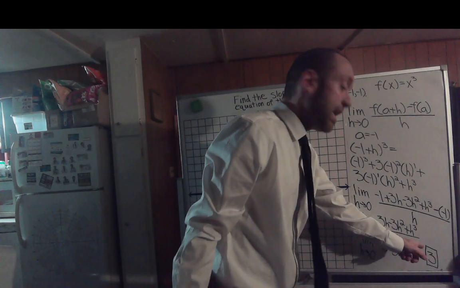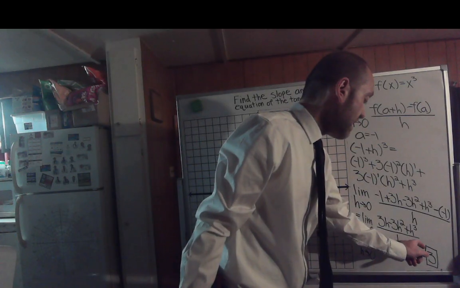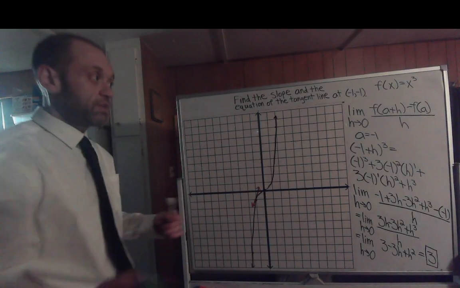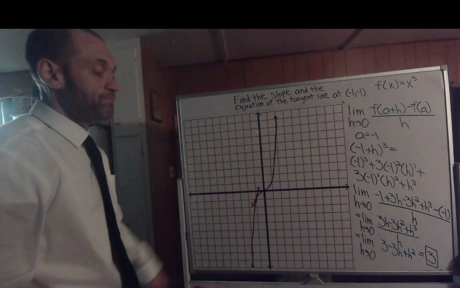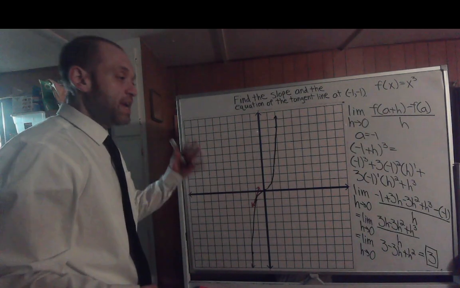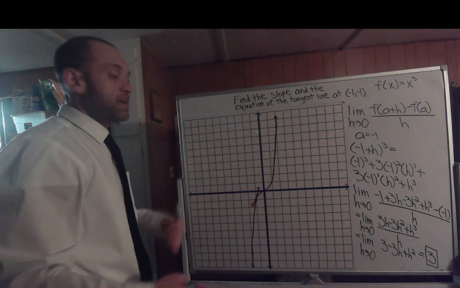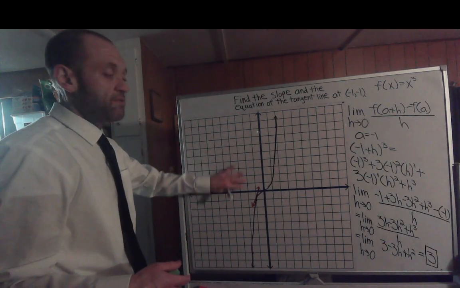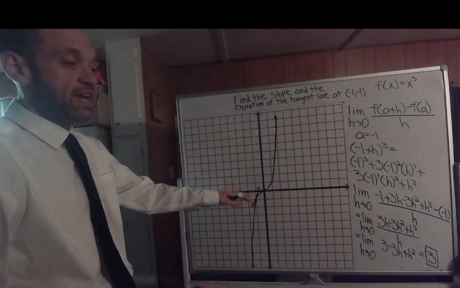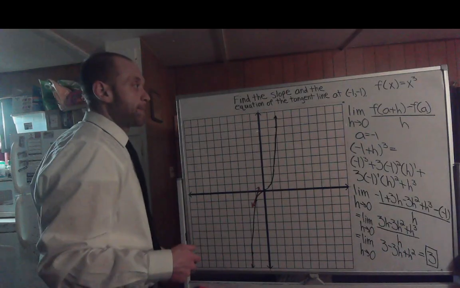So when we average the secant lines, our estimate was spot on. We had a 3. It's exactly 3 at that point. So if you take the slope of enough secant lines, and you average them, you can get a very good estimate of what the slope on a curve is at a particular point.